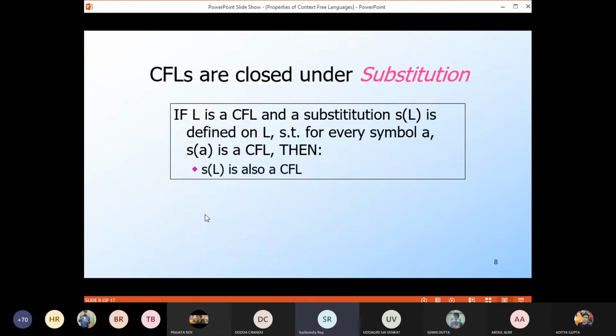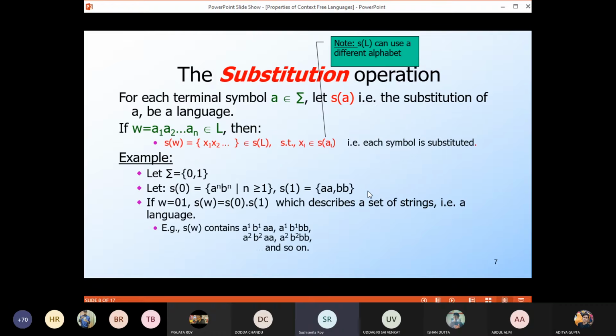Now a set of such strings makes up a language, so you can define a substitution on a language also. If L is a context-free language and the substitution S(L) is defined on L, such that for every symbol A, S(A) is a context-free language. Note here that for every symbol we are substituting a language.